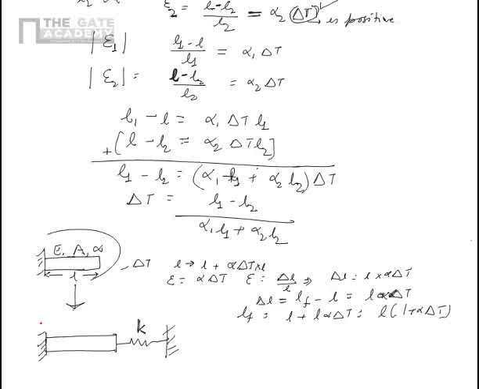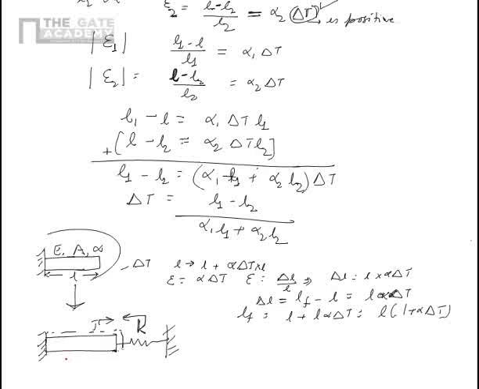Now in this case, if we heat the bar, it will expand, but when it expands, it will cause a compression of the spring. So the spring will put a reaction on the bar. So the delta T causes expansion this way, but the spring causes compression this way. So after some time, it will come to equilibrium with the spring.